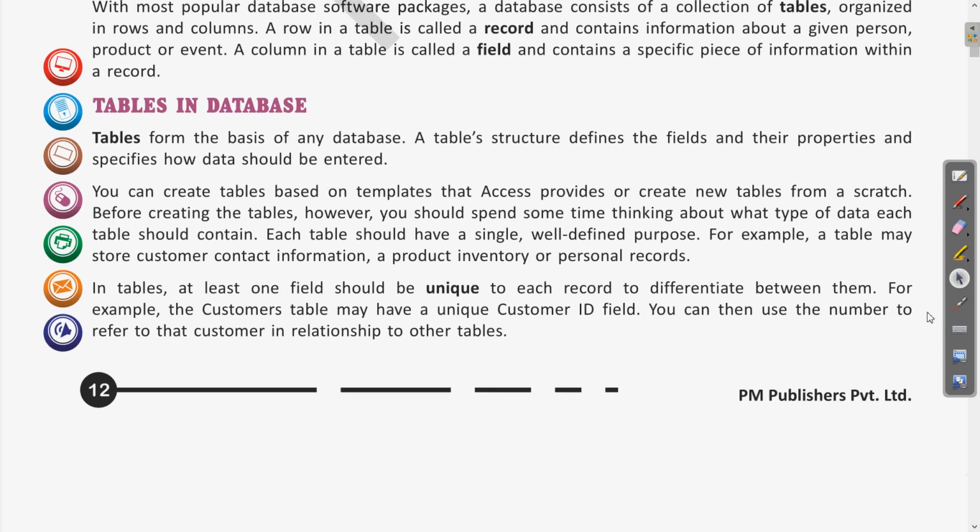So tables, as we are talking about, are in the form of rows and columns, and the data which we are entering in these tables has different fields, and we have some purpose for making these tables.